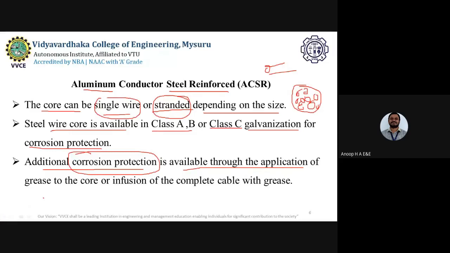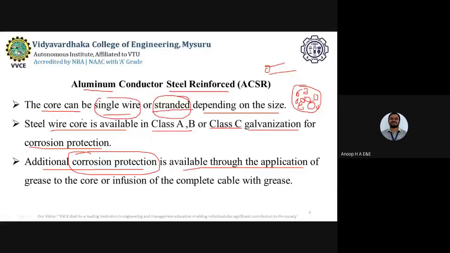Why do we need corrosion protection? Why do we go for galvanization? Because it is a one-time installation and needs less maintenance. If you want less maintenance, you need to go for higher values of protection on the conductors.